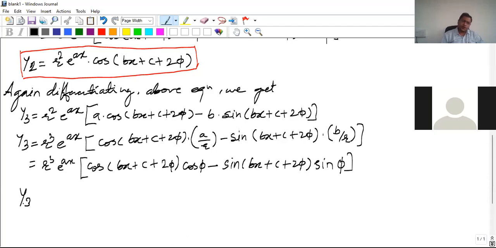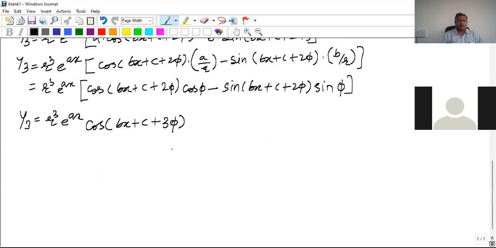So again, we can get this third derivative as r cube e raised to ax cos of bx plus c plus 3 phi. Okay, so here we got the third order derivative.